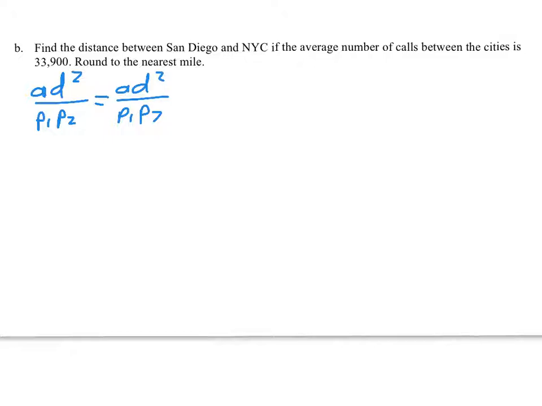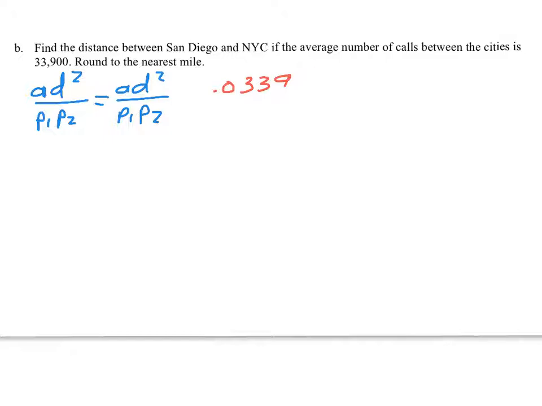So we were just given that the number of calls between the two is 33,900, but let's remember that we've been using millions for everything. So we should plug in 33,900 in millions. So I'm going to divide that by a million. So that is 0.0339.